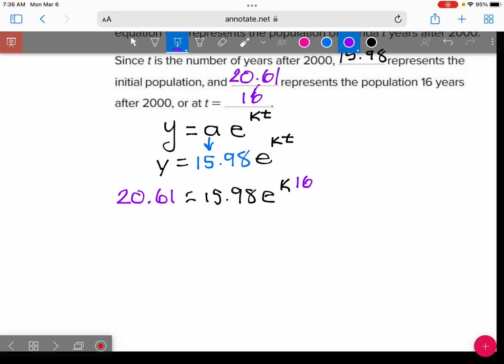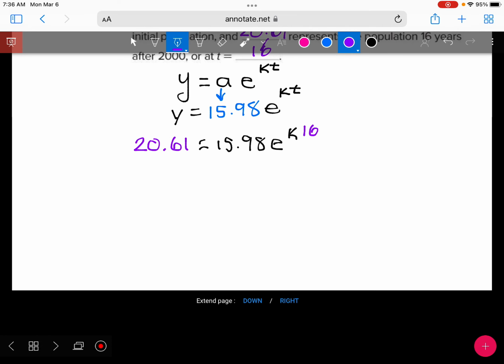So solving an exponential means I need to get my exponential piece by itself. Well, because my handwriting is garbage because I can't touch the screen. All right. So I need to get the e to the this bit by itself.